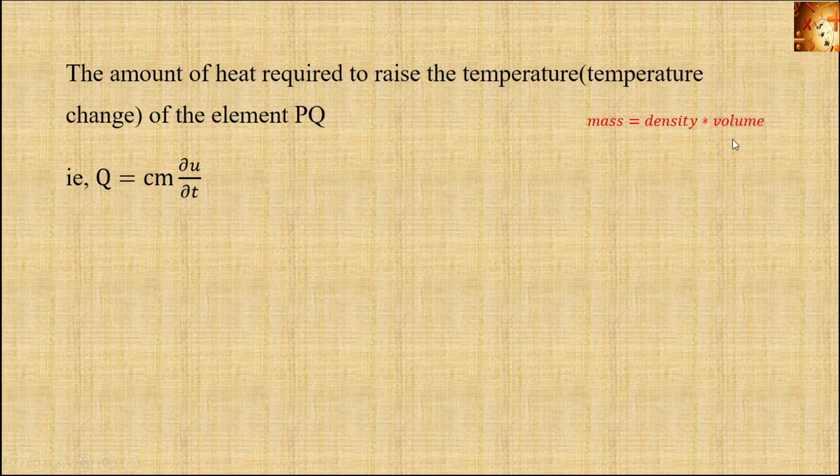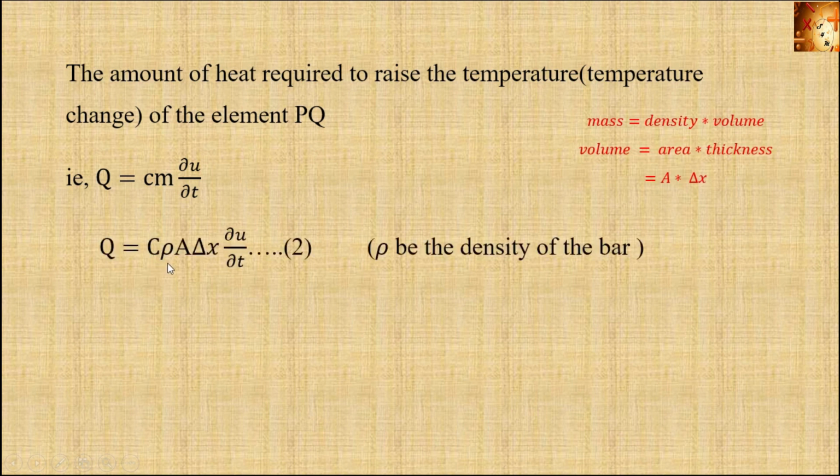And volume is equal to area into the thickness. Here the area is capital A and the thickness is delta x. So volume is A delta x. Therefore, our mass will be density times A times delta x. Density is denoted by delta. So m is replaced by δ A Δx. Here delta means density, A means area, and delta x is the thickness.